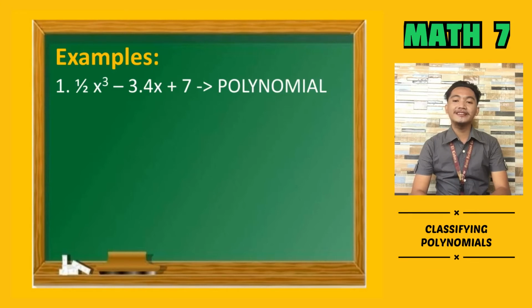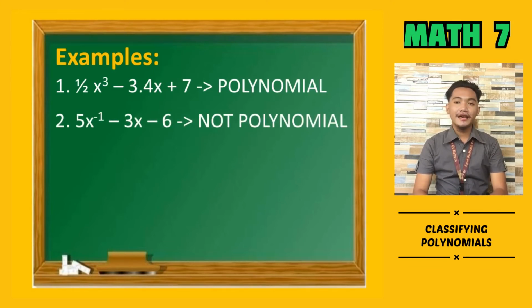Also, we do not have a radical sign. So it is clear that we do not have a variable inside the radical sign. These are the reasons why this algebraic expression is a polynomial. Second, let's have 5x raised to negative 1 minus 3x minus 6.